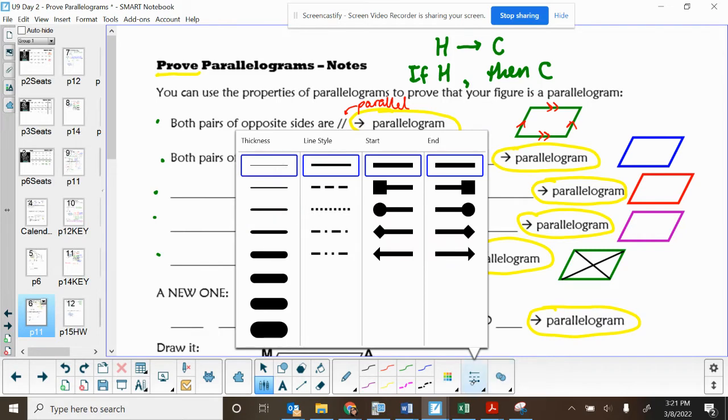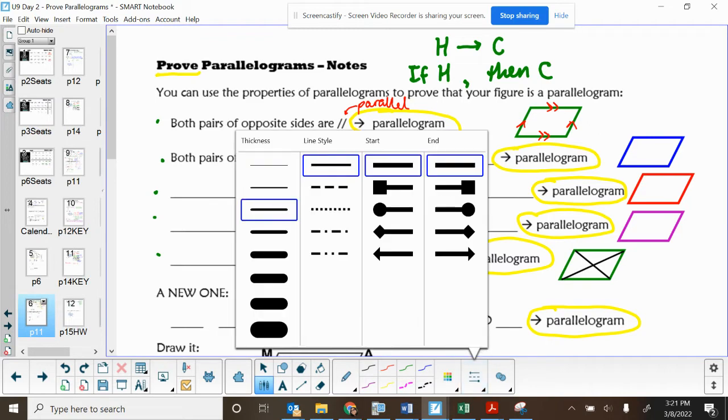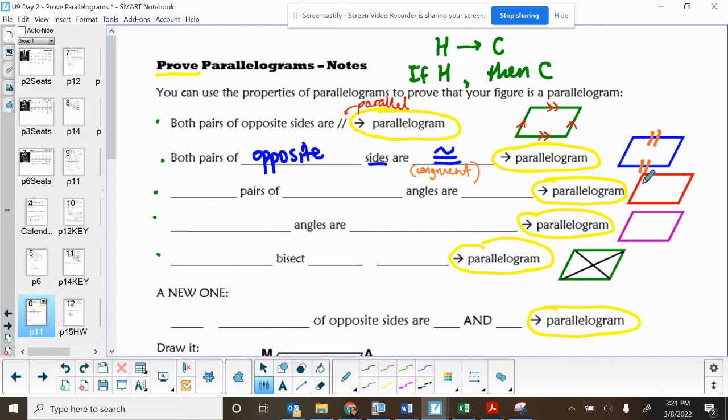So remember that that symbol means congruent. Okay, so to mark these congruent, I will mark the congruent markings for one pair of opposite sides and then also for the other one.